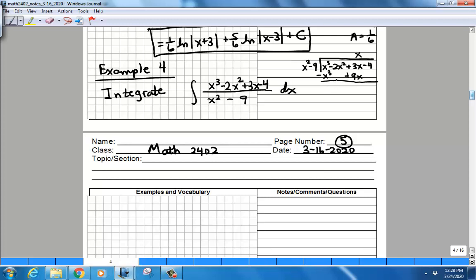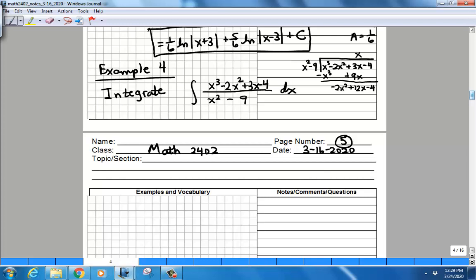And then we have to bring down this minus 2x squared, right? And then plus 12x and minus 4, right? So the minus 2x squared is just going to get added to 0, so it'll stay as minus 2x squared, and then 3x plus 9x is plus 12x, and then bring down the minus 4, right?